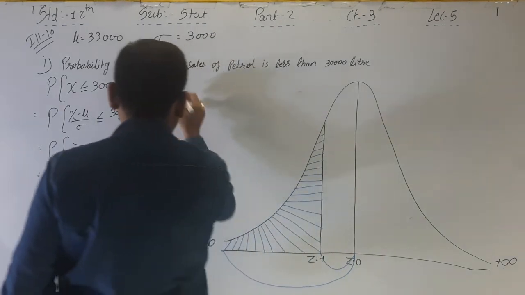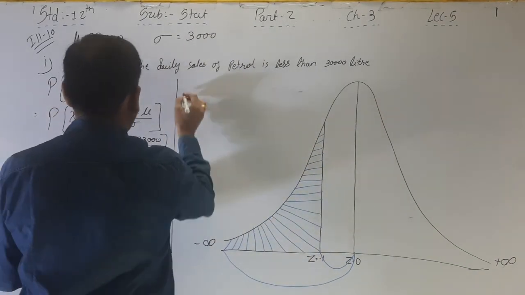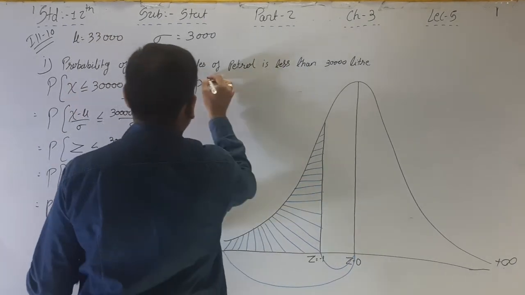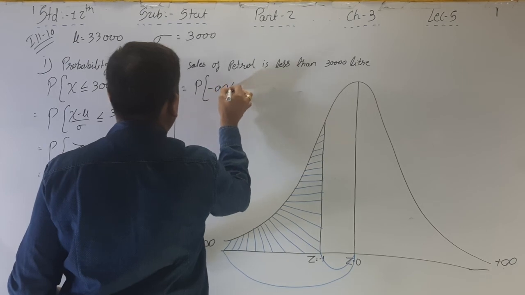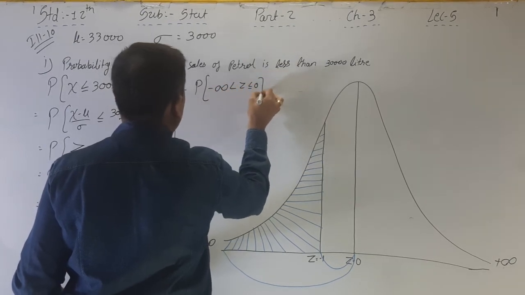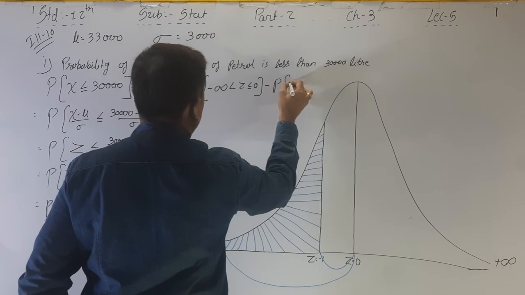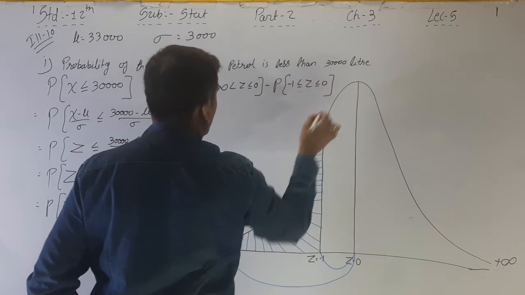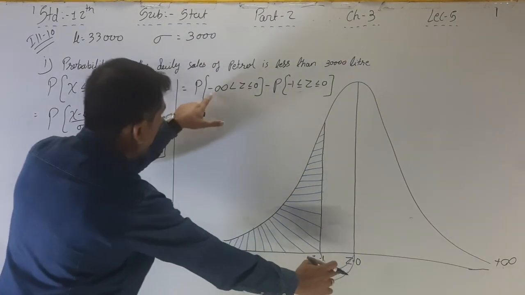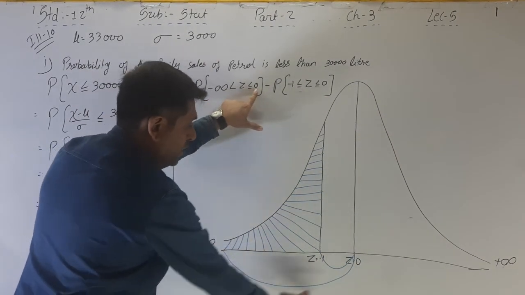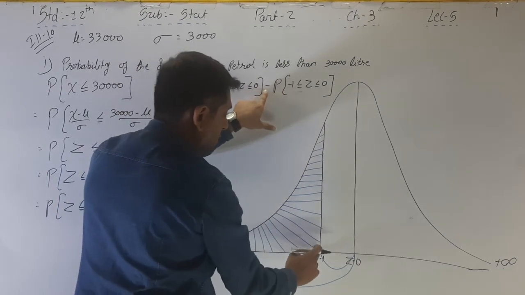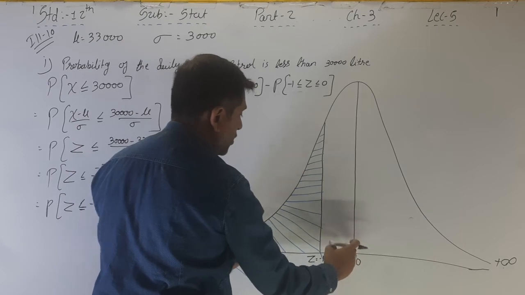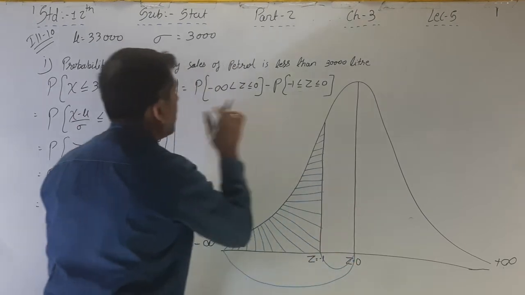What we have to write down here is P of minus infinity less than Z less than or equal to 0, minus P of minus 1 less than or equal to Z less than or equal to 0. These two are minus infinity to 0 and minus 1 to 0. So if we subtract this from this, then here is the answer.